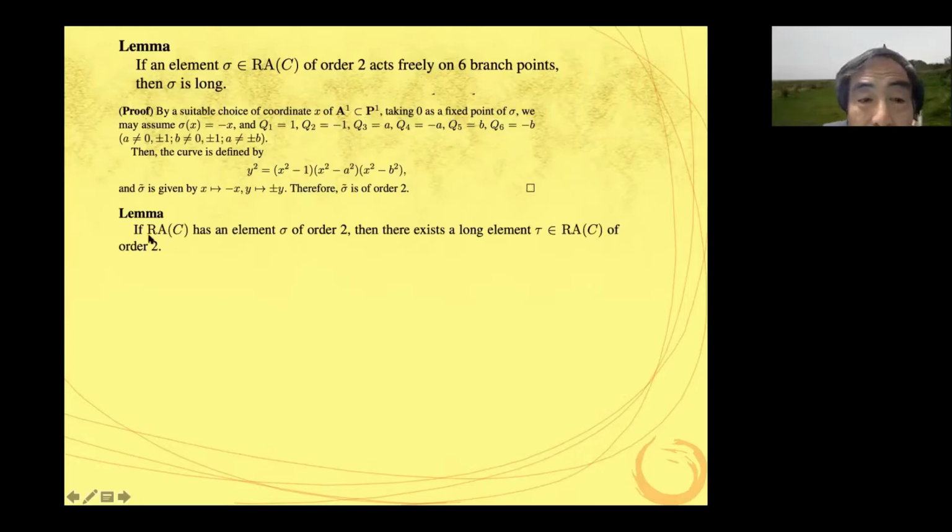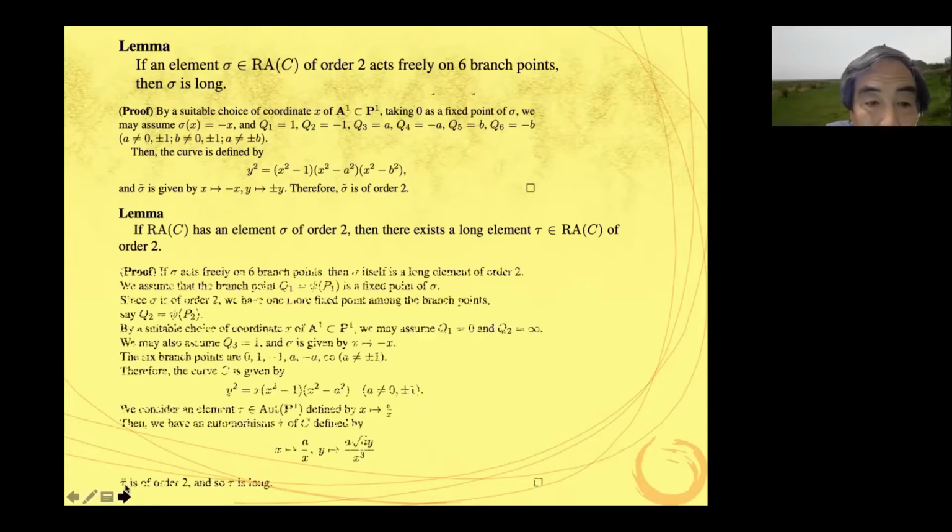And next, if the reduced automorphism group has an element of order 2, then even if this is not a wrong element, you can find there exists a wrong element tau of order 2. This is also not so difficult, but anyway, if sigma acts freely on 6 branch points, then I already showed here, sigma itself is a wrong element of order 2.